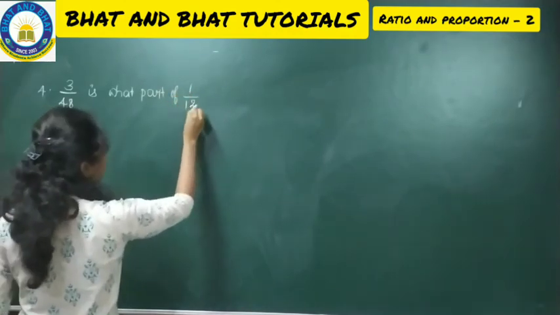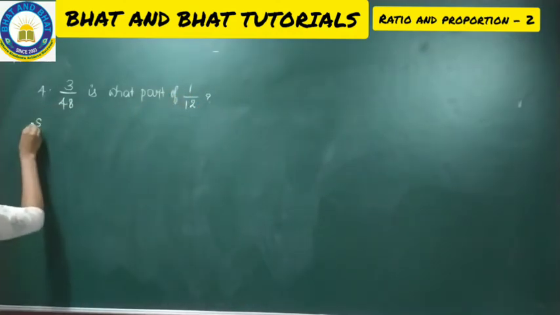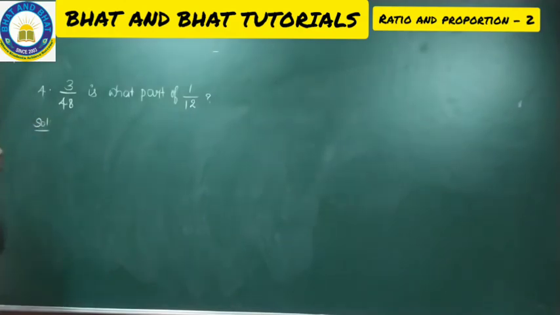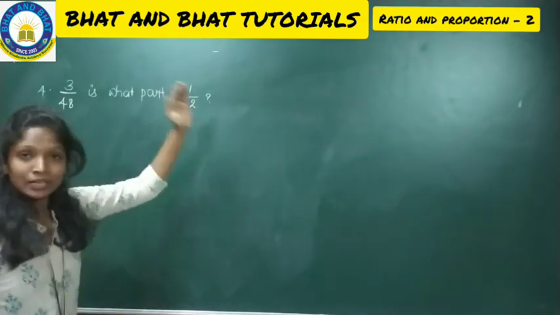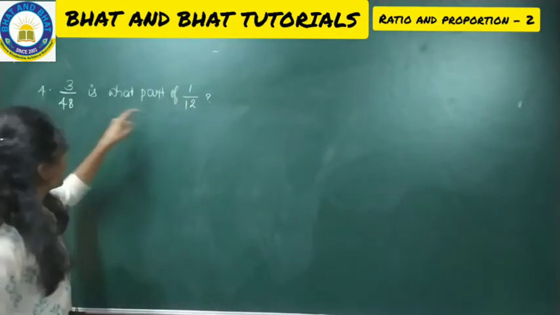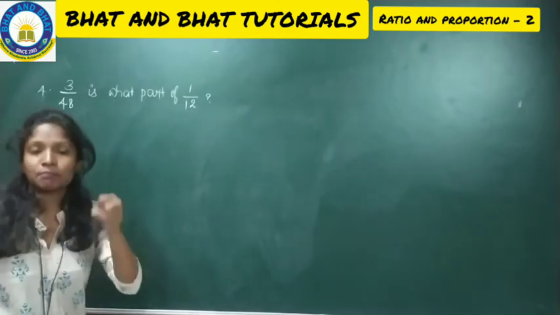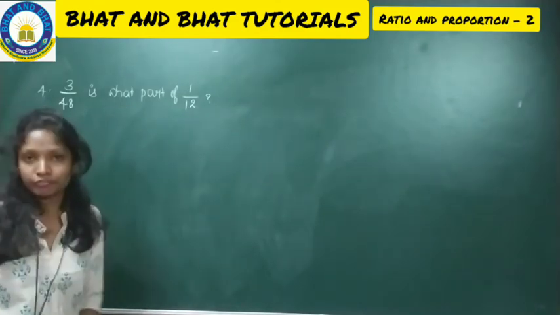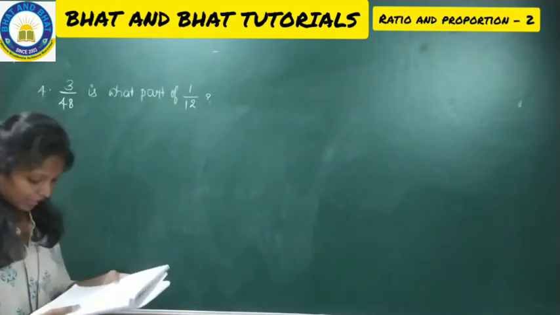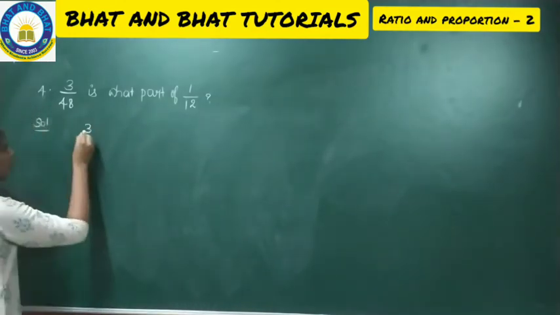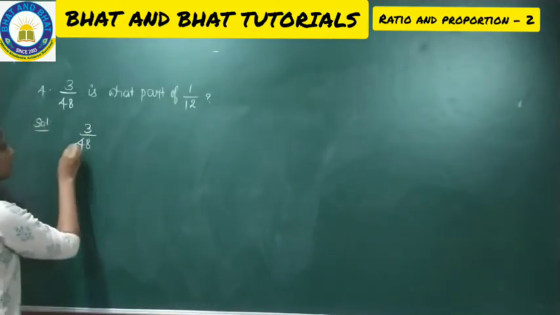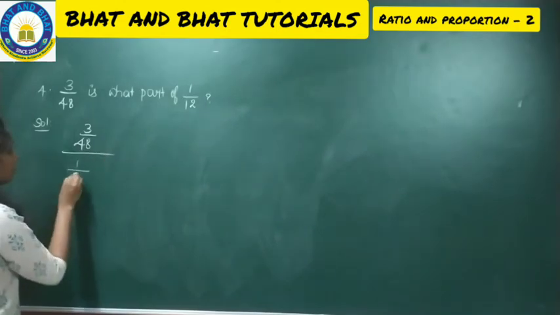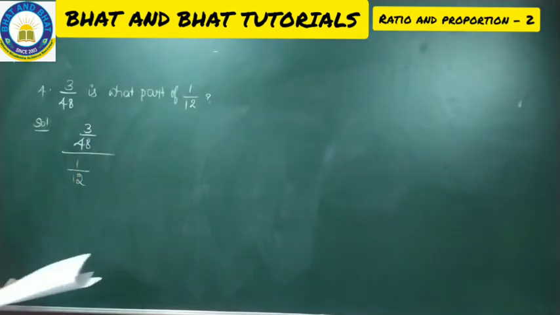1 by 12. So when I take 3 by 48 and if I take 1 by 12 as one part, to get 3 by 48, how many parts I have to take out of 1 by 12? So to find this, 3 by 48 is what part of 1 by 12 they are asking.